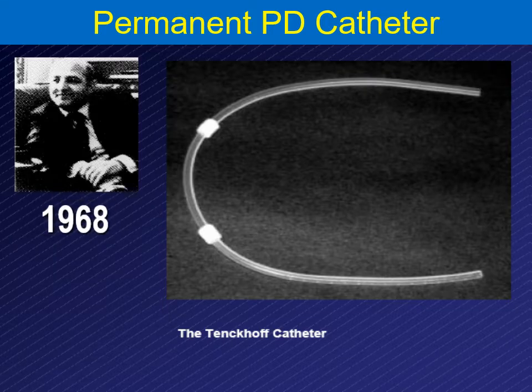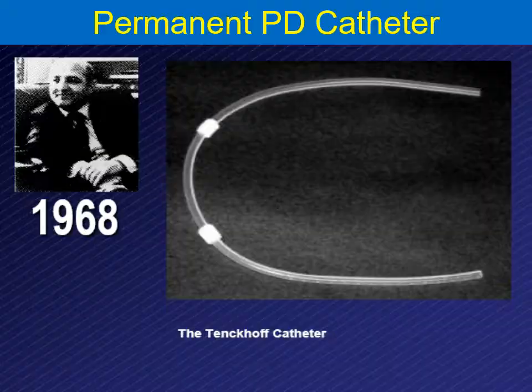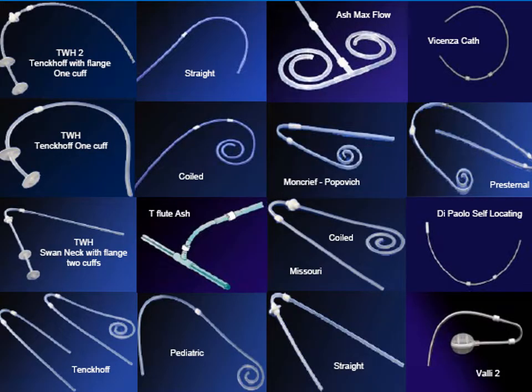We will go back to the Tenckhoff catheter, which is the permanent catheter, as we mentioned earlier. It was invented in 1968. Since that time, there were many attempts to provide other catheters with different shapes based on this catheter.